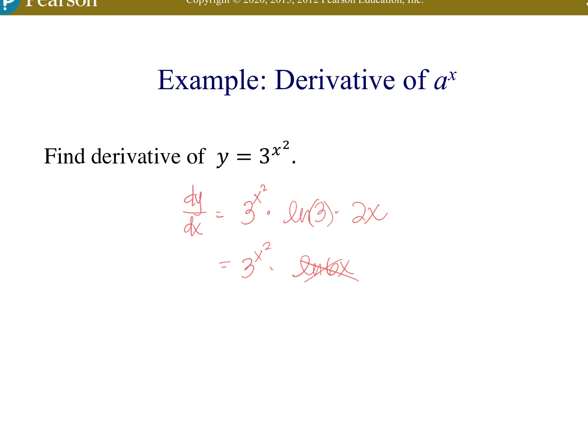The other way you could avoid that mistake is, if you do reorder this, the typical order would be 2x ln 3, and then having the 3 to the x squared at the end. That would be the more typical order to do it. But don't ruin good calculus work by poor algebra work, okay?